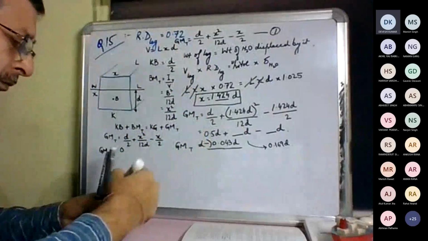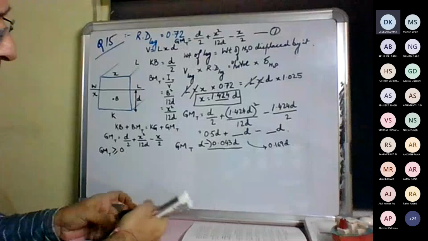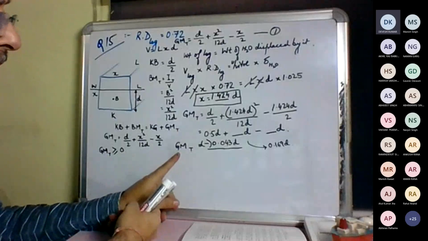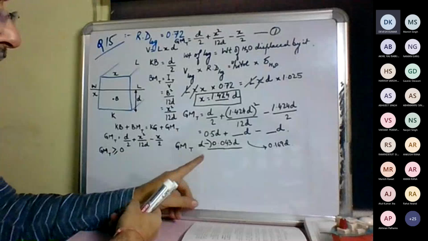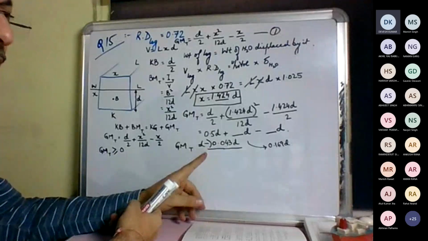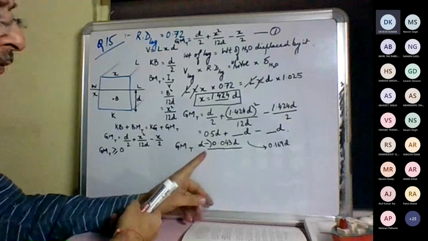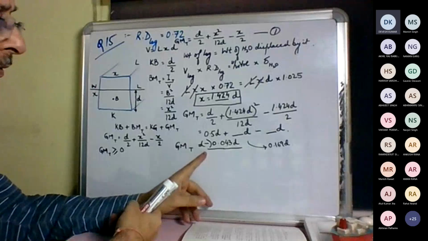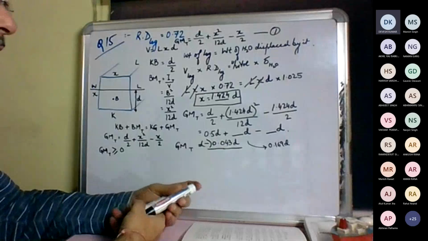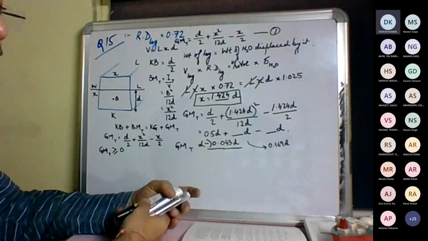Now you write down, since GM is negative, the log is in unstable equilibrium.